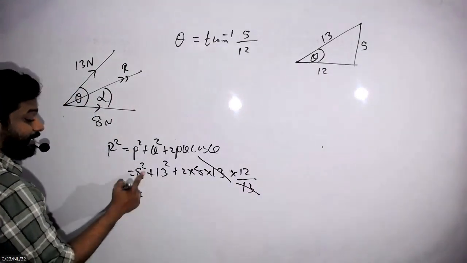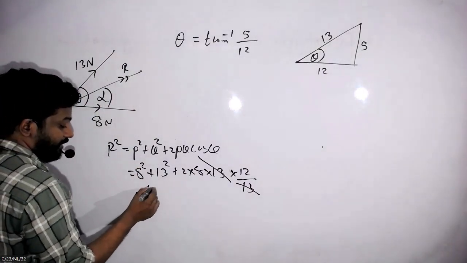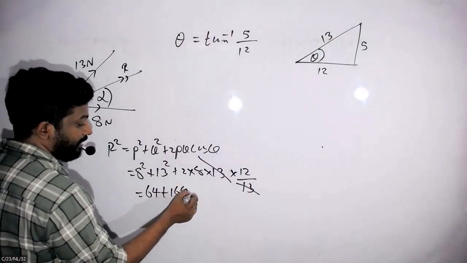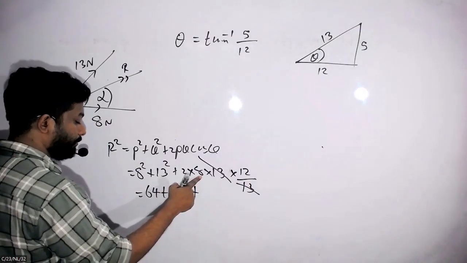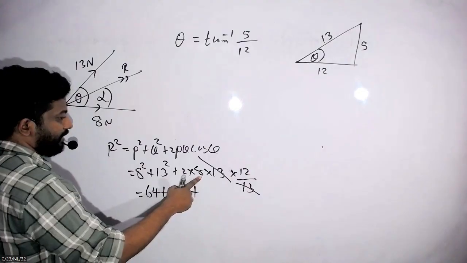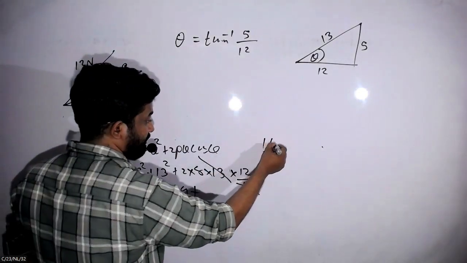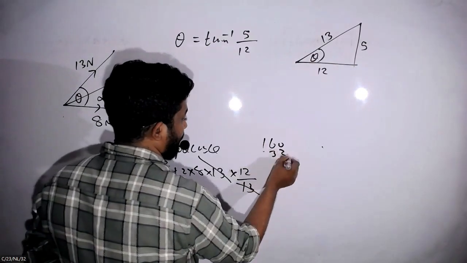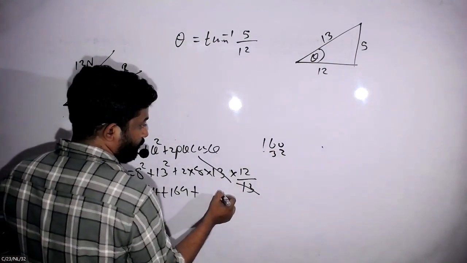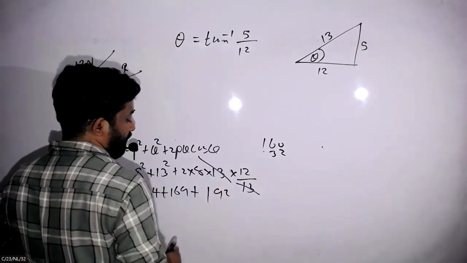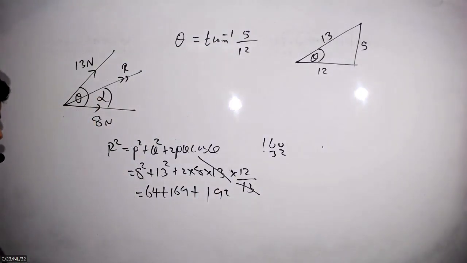Easy, right? Then 64 plus 169 plus 2 into 8 into 12, that is 16 into 12. 16 into 10 is 160, and we need to add two more, 32, so it comes to 192.